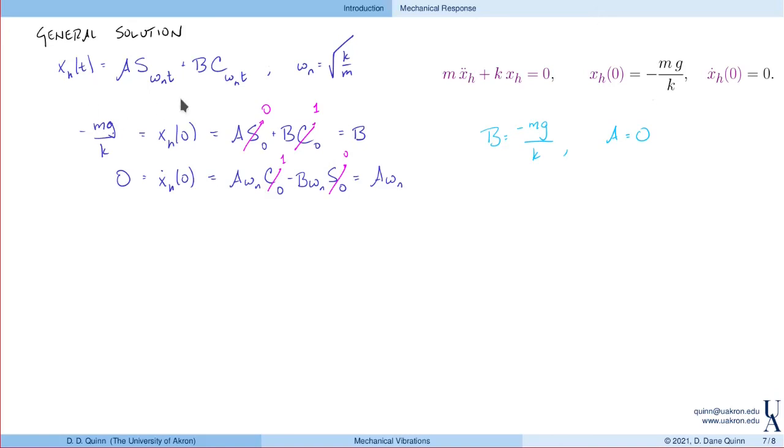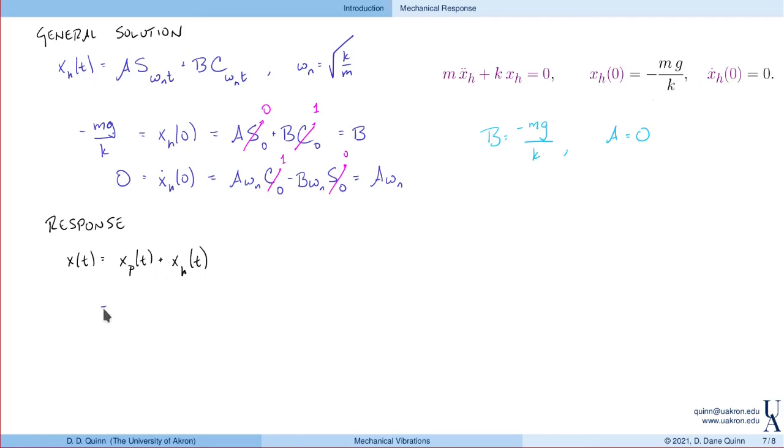Now that we've determined the general solution and the specific values for these arbitrary constants, we can go and calculate the response of the system. Right, so looking back, that is going to be a combination of the particular solution and the homogeneous solution.